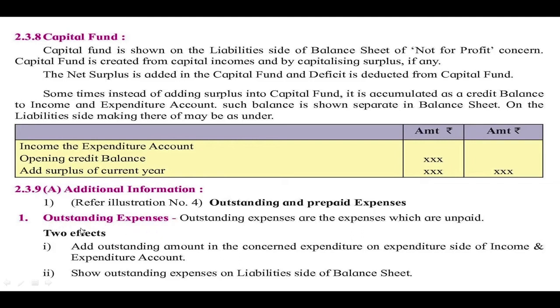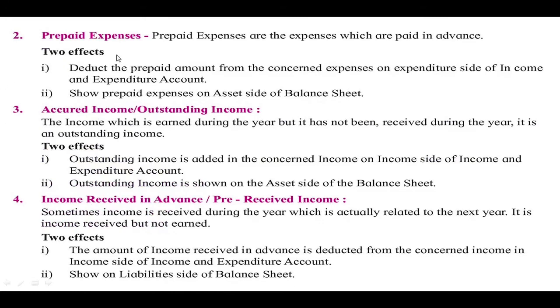First adjustment is for outstanding expenses. If it is given in the adjustment that salary is outstanding, then the outstanding amount is to be added to the salary when the salary is recorded on the expenditure side. That is one effect. The second effect is, since it is the amount payable in the future, it is recorded on the liability side of the balance sheet. Next, prepaid expenses. Prepaid expenses are expenses paid in advance, for which we are going to receive the services in the future.